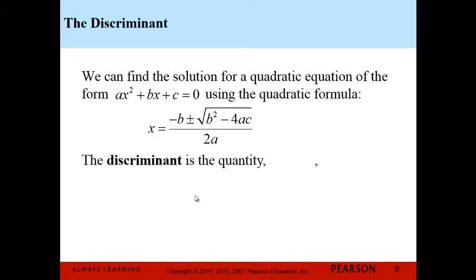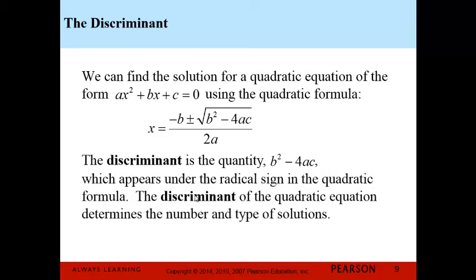So it's the quantity b squared minus 4ac, which allows us to determine the number and types of solutions that the equation will have. If we just look at the value b squared minus 4ac, we will know how many and what type of solutions the original equation has.